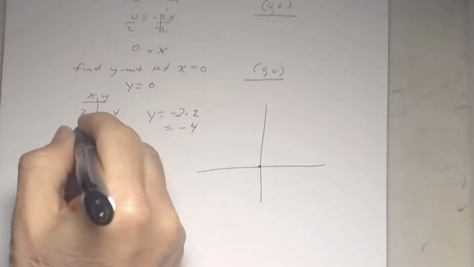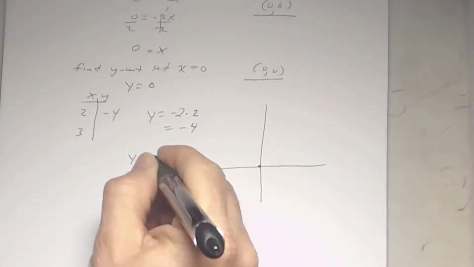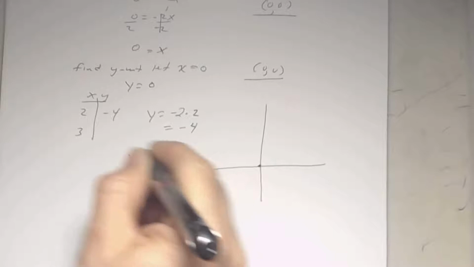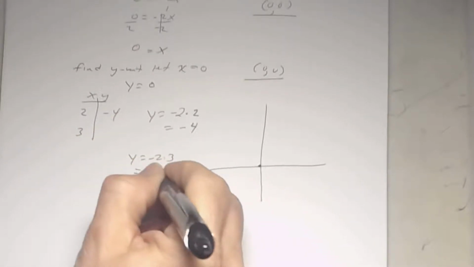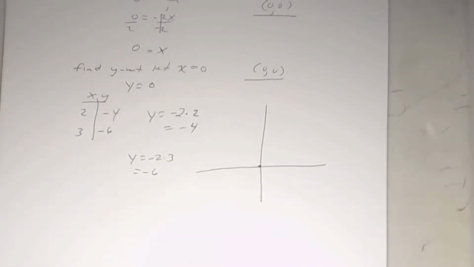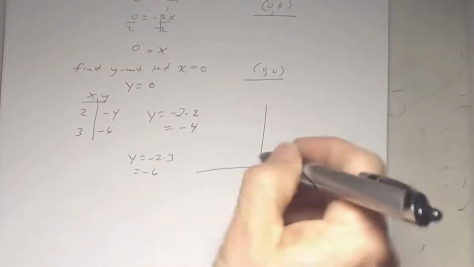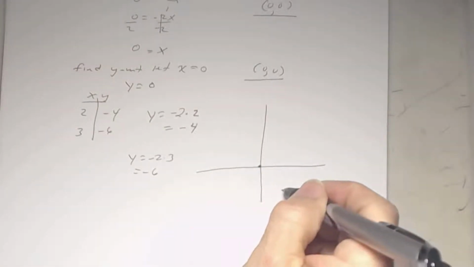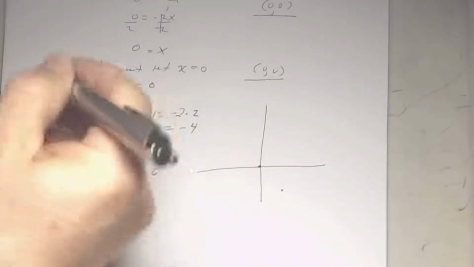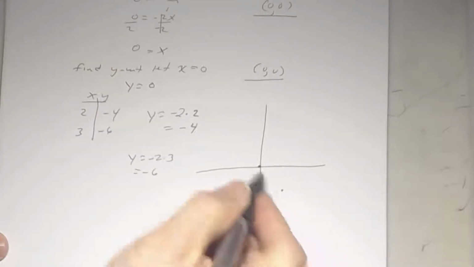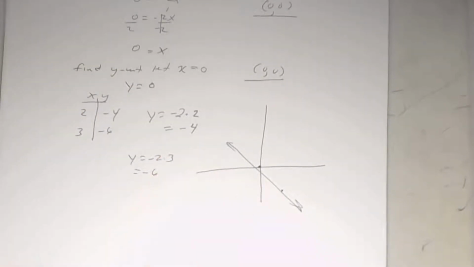If you want 3, you could have said y equals negative 2 times 3. Then you would have had to click on 3, negative 6. But whatever the other point is, remember the drawing tool, you have to pick 2 points. So you pick 1, 2, and it automatically draws a line. So 2, negative 4, you do this, and then your computer draws the line. And you're done.